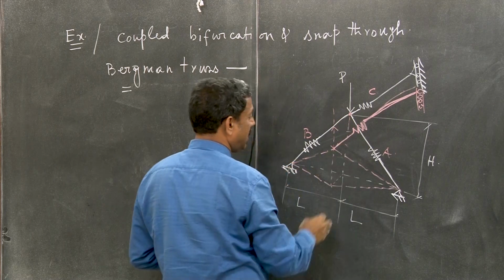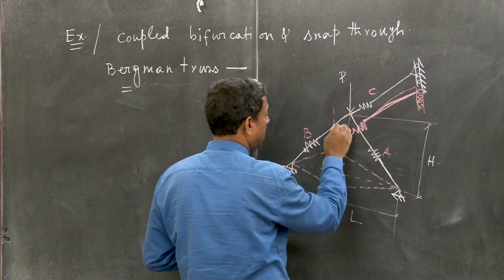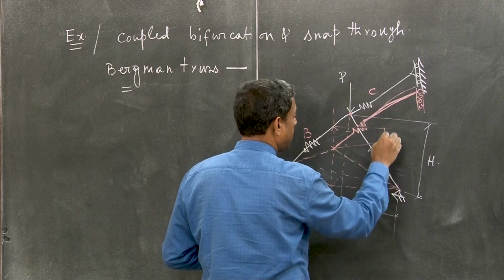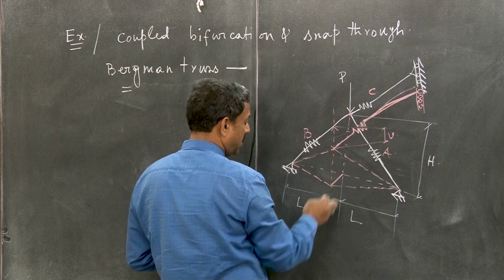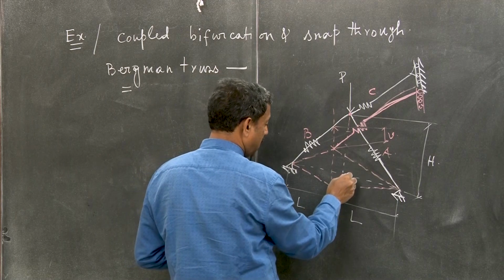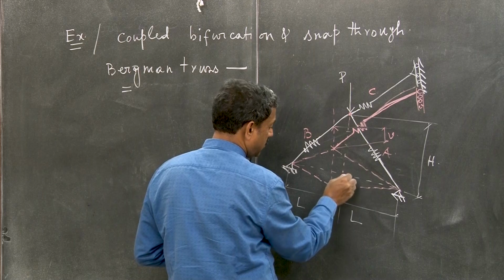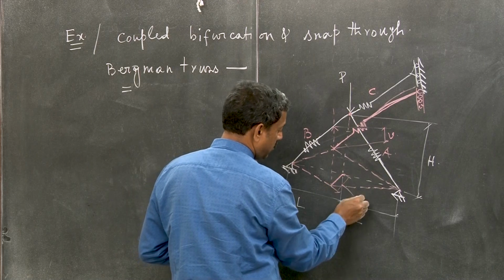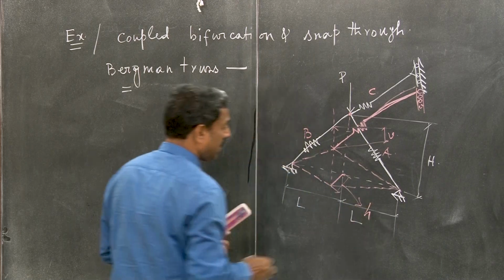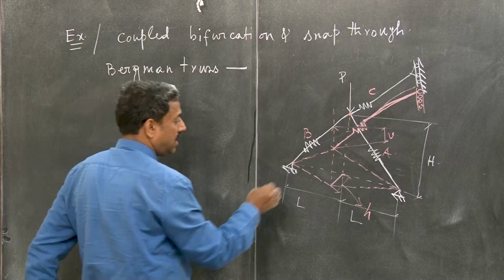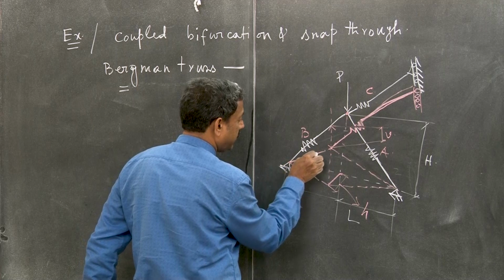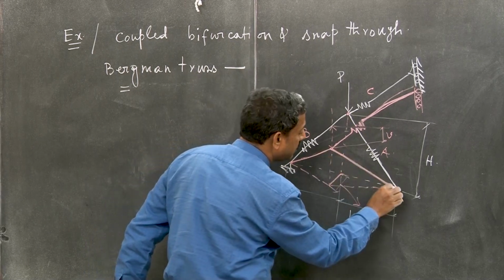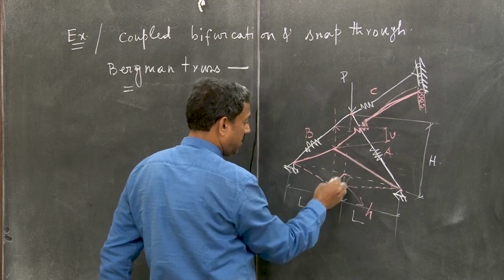I may want to write this component as V, and this horizontal one I write as small h. All of you got it? So this is the ultimate configuration.